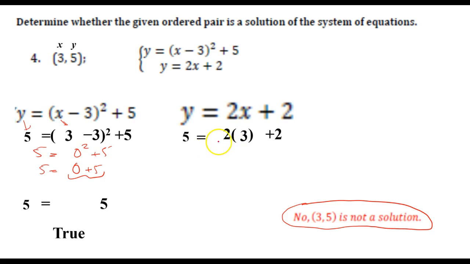And let's work this out. So 2 times 3 would be 6 plus 2 equals 5. Now, is 5 equal to whatever 6 plus 2 is? No, so that is false. So of course this is not a solution. So I was correct in that.